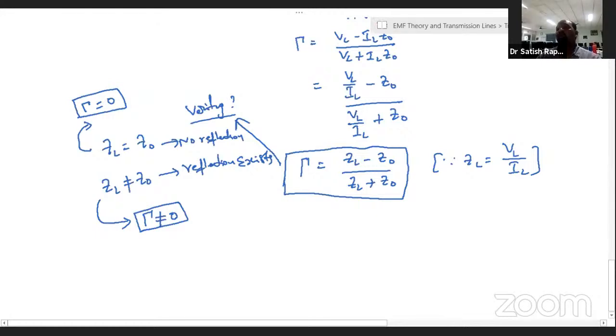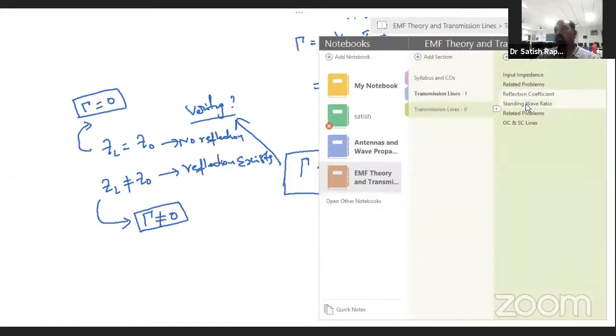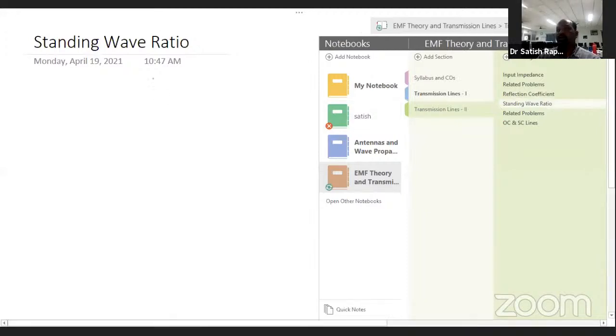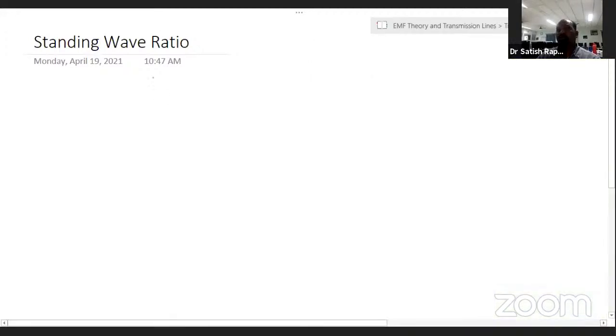Today I'm going to discuss one more new topic, a continuation of this: standing wave ratio. So the continuation of reflection coefficient is standing wave ratio.